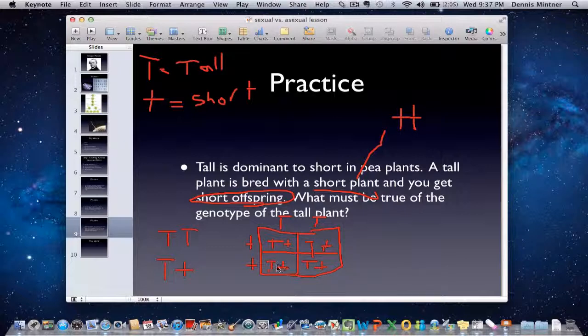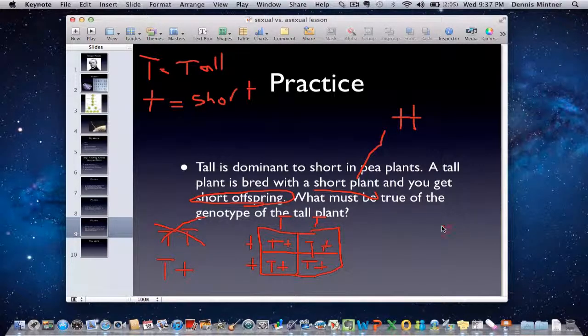All four of these are going to be heterozygous for tall. They're all tall. If I got a short plant, short offspring, there's a 0% chance of that. That can't be my answer.